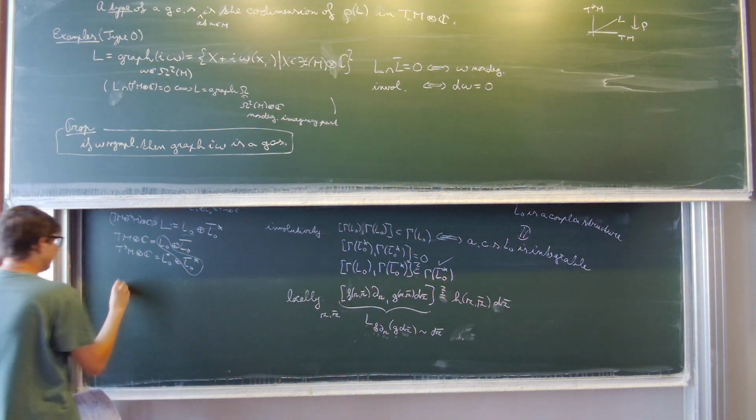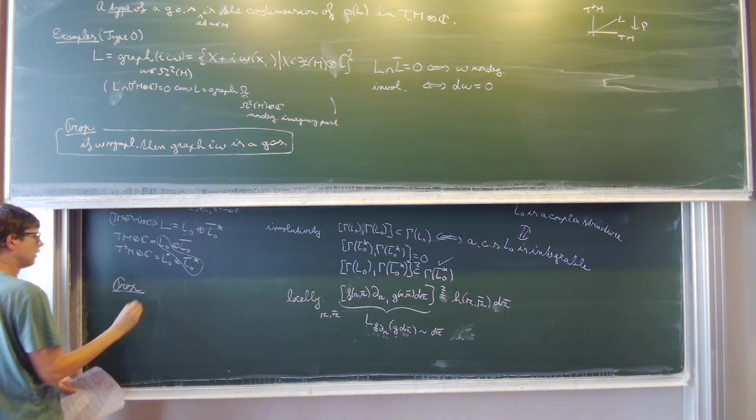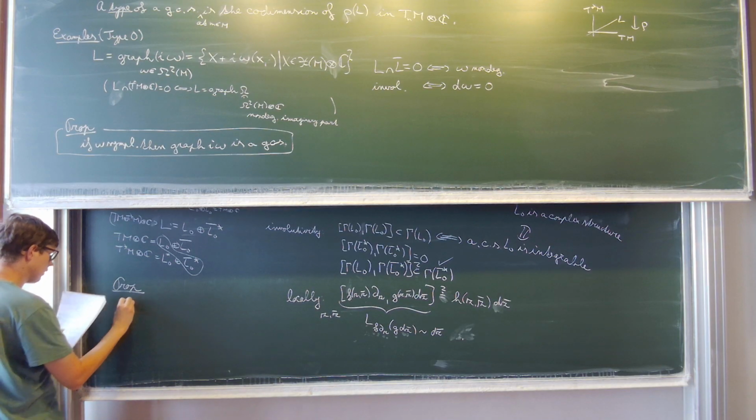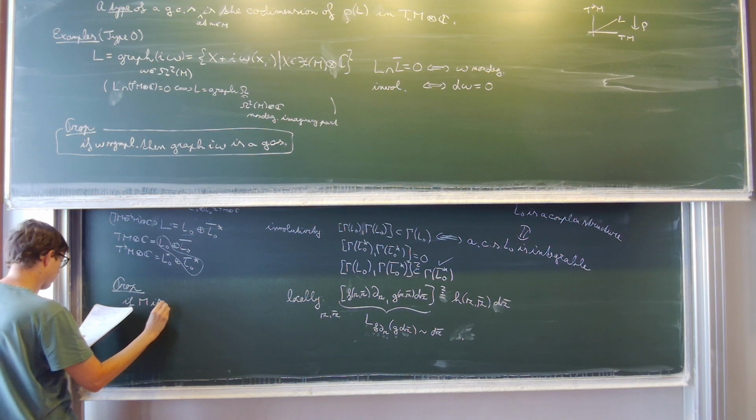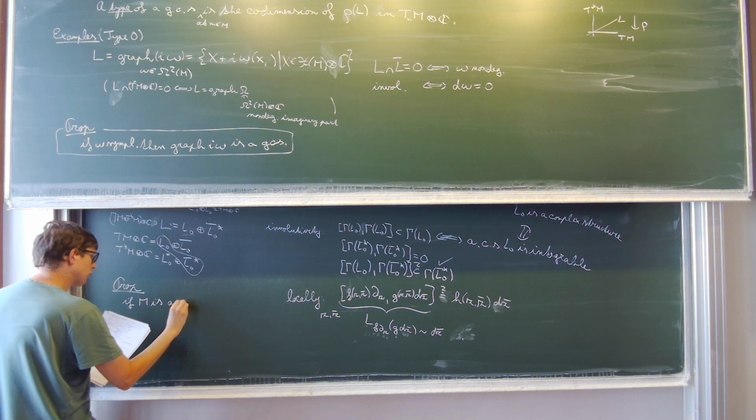So let me summarize the result, although derived rather quickly here. So M is a complex manifold.